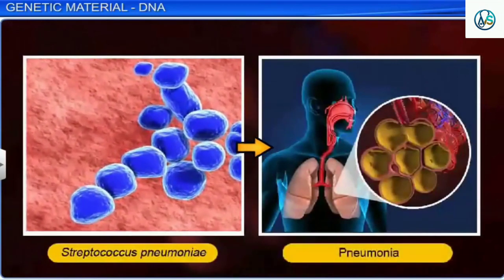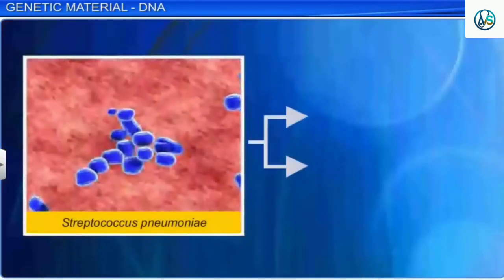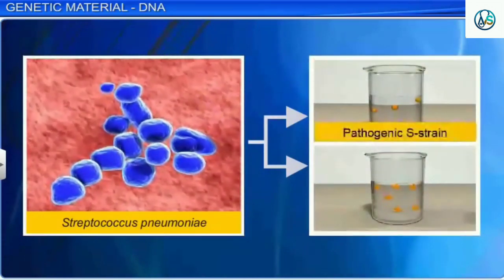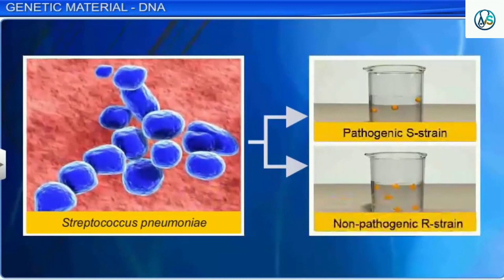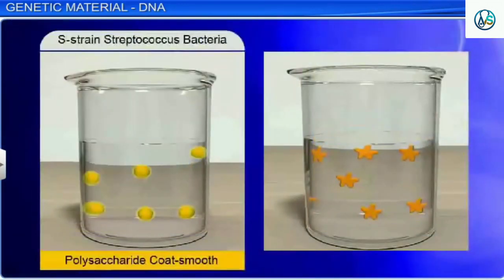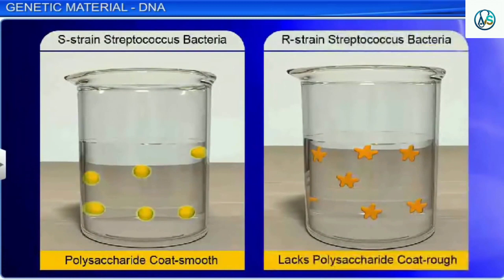He worked with 2 types of bacterial strains, the pathogenic S strain and the non-pathogenic R strain. The S strain has a polysaccharide coat that makes it smooth, whereas the R strain lacks it, making it rough.